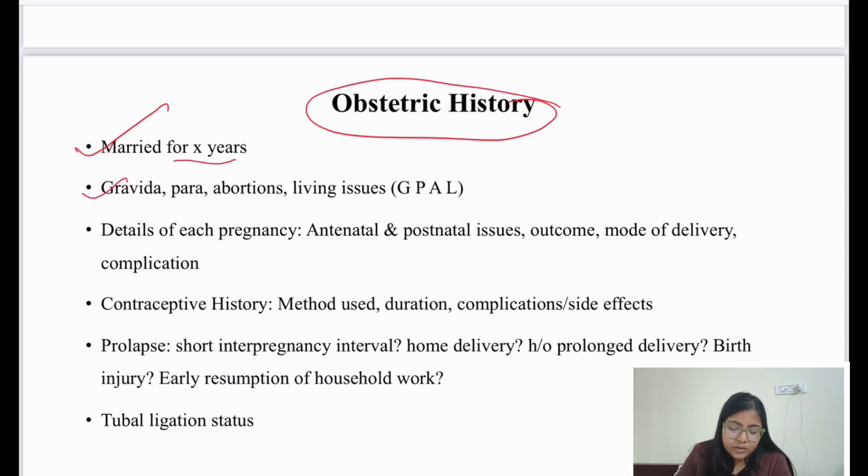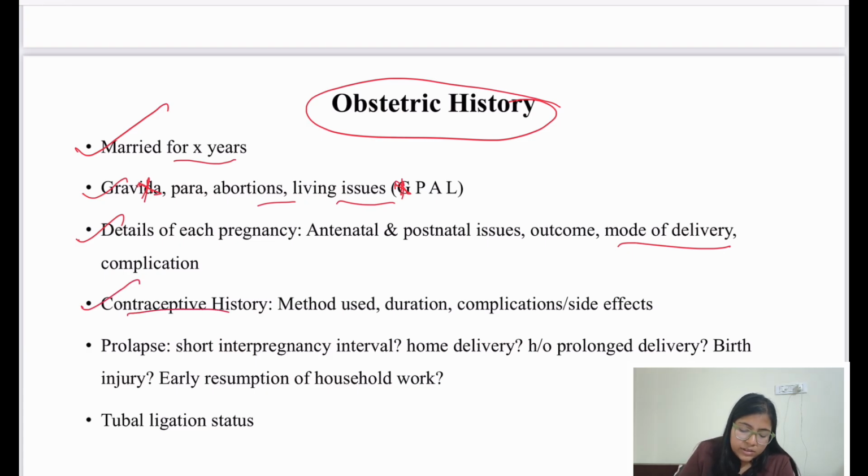Gravida won't be there, so you ask about her parity status, abortion and living issue. Then you ask about details of each pregnancy in short only. You need not explain it in details as in OBS, just ask if there had been any issue or not. If not, then mention her antenatal and postnatal periods were uneventful, her delivery was cesarean or vaginal delivery, and if there had been any intrapartum complication.